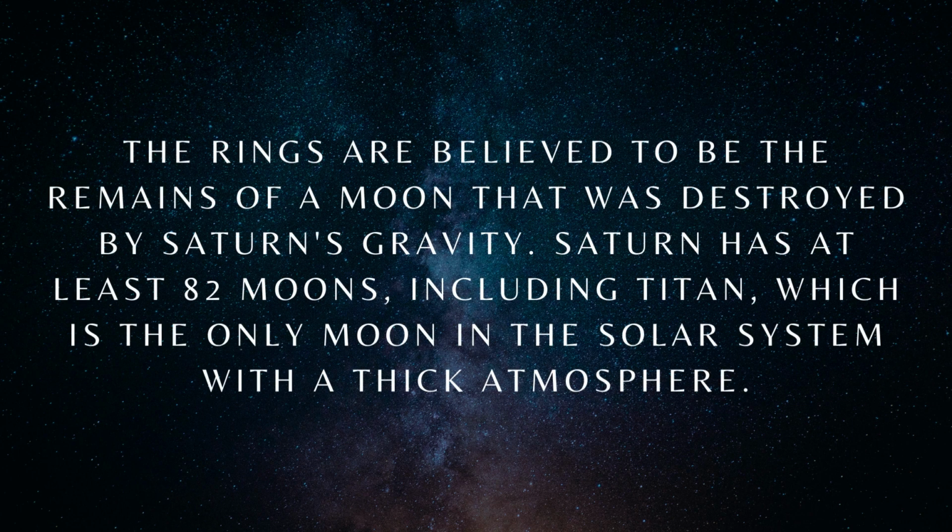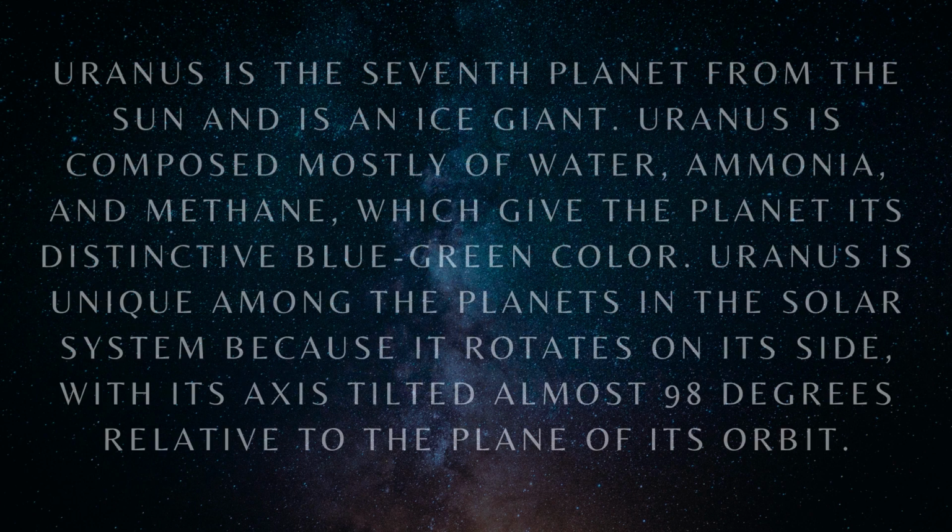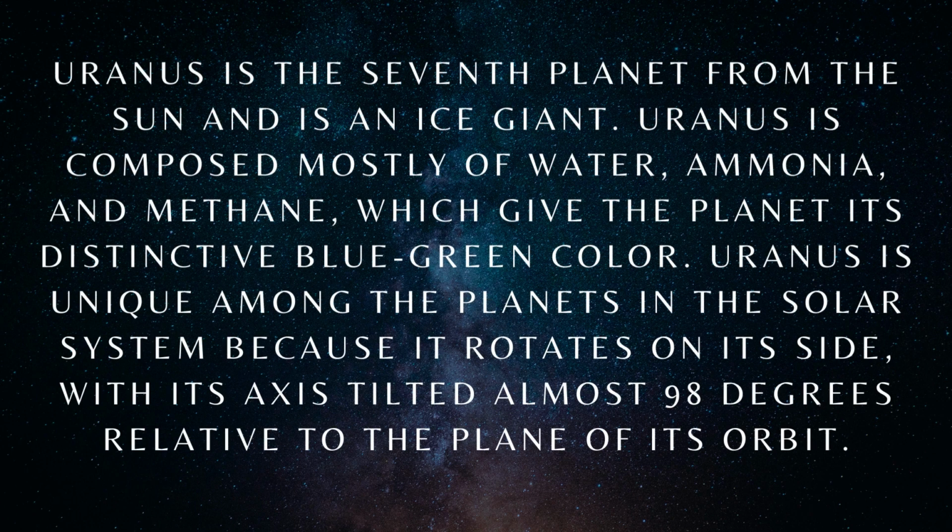The rings are believed to be the remains of a moon that was destroyed by Saturn's gravity. Saturn has at least 82 moons, including Titan, which is the only moon in the solar system with a thick atmosphere.